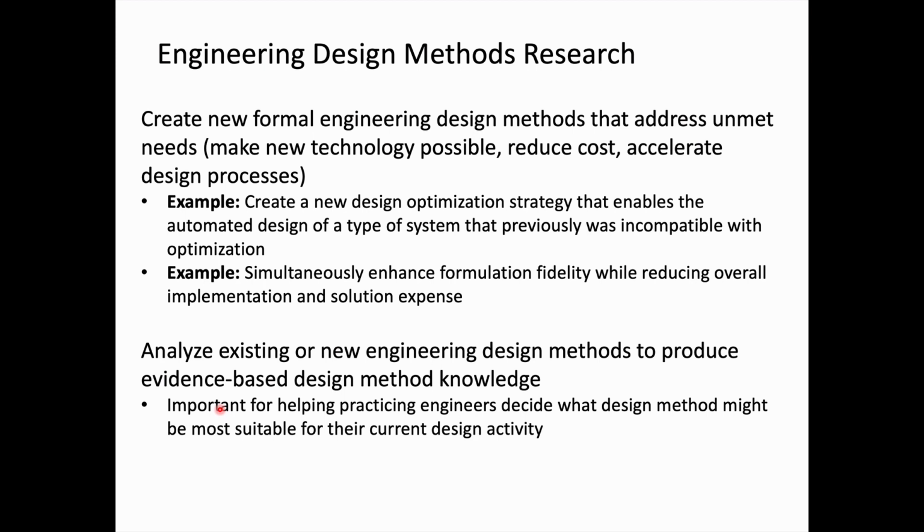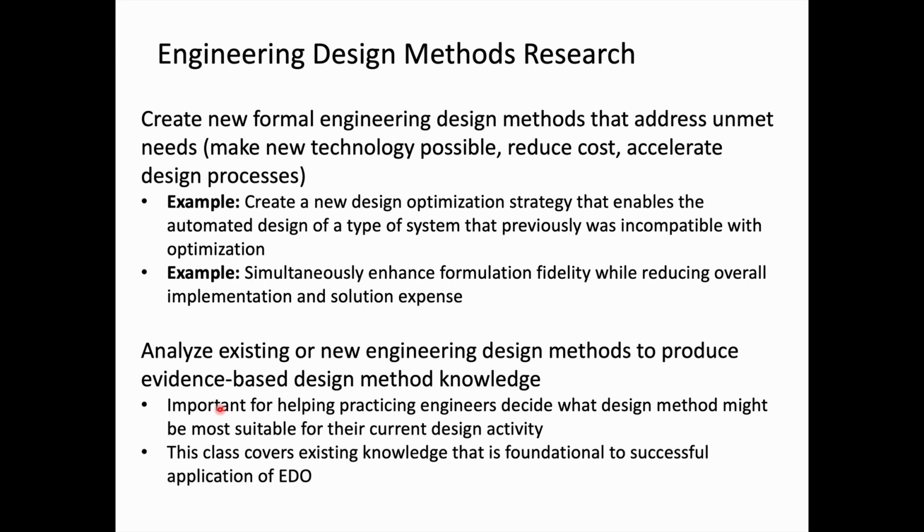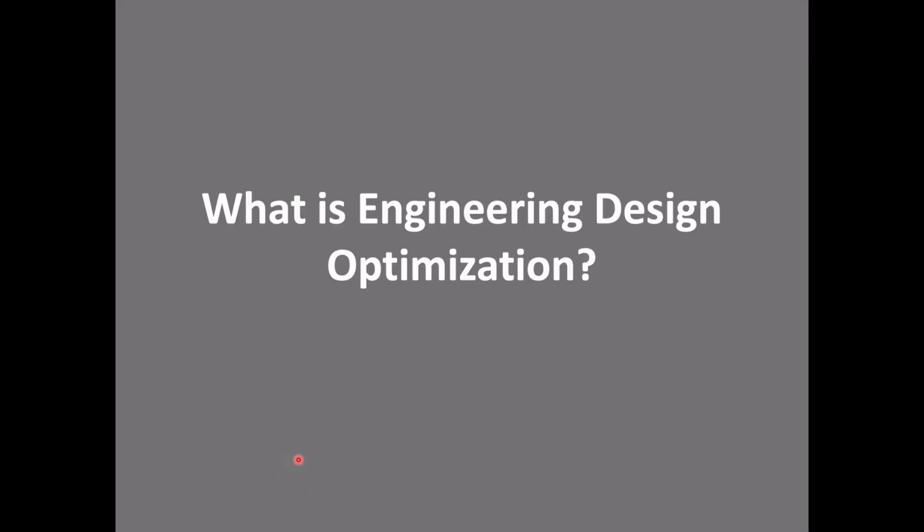So we try to answer questions along the lines of, if your design scenario has properties X, then use method Y. So that kind of thing is helpful for practicing engineers. And this class covers existing knowledge that is foundational to the successful application of engineering design optimization.